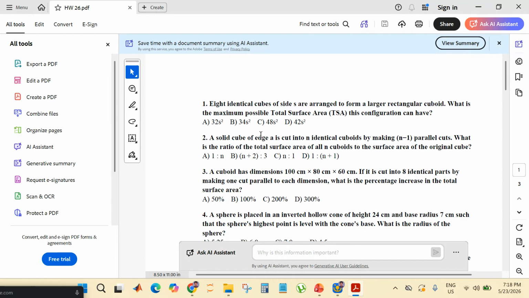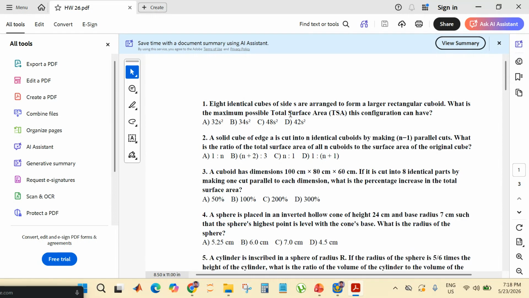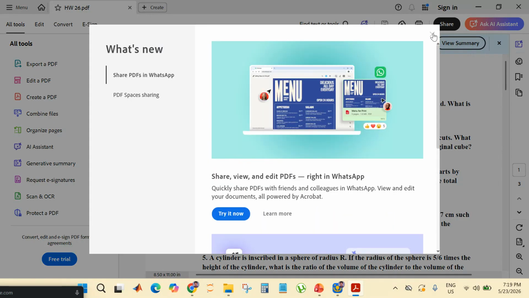So the first question: eight identical cubes of side S are arranged to form a larger rectangular cuboid. What is the maximum possible total surface area this configuration can have?